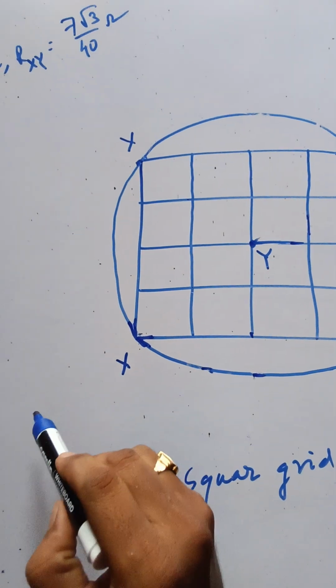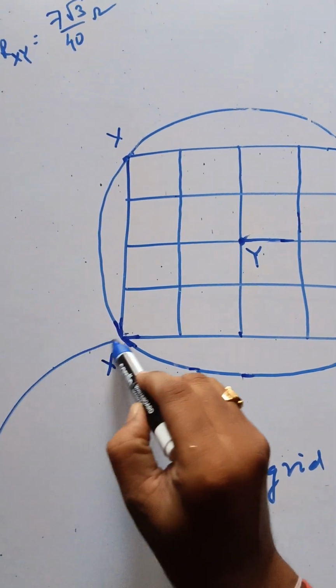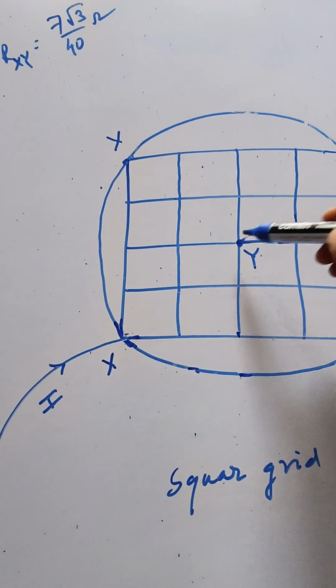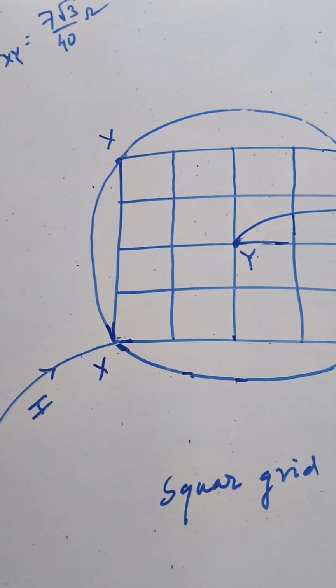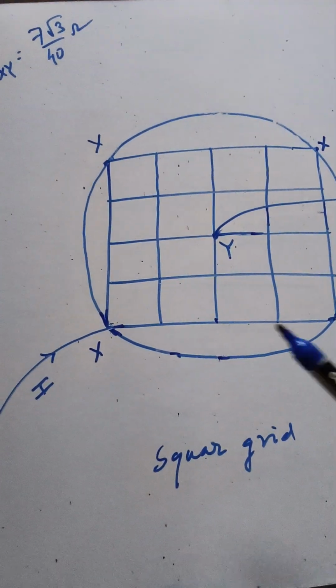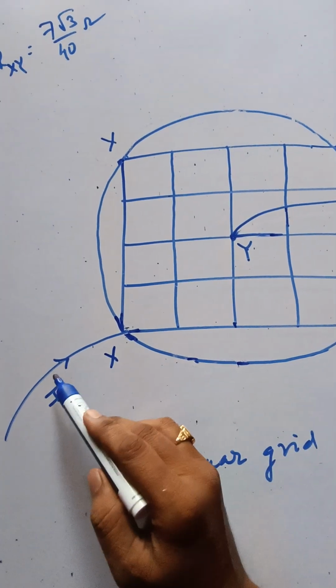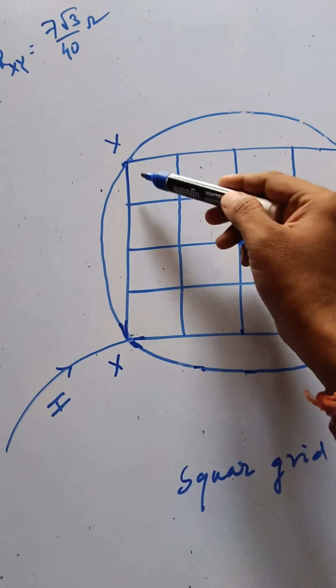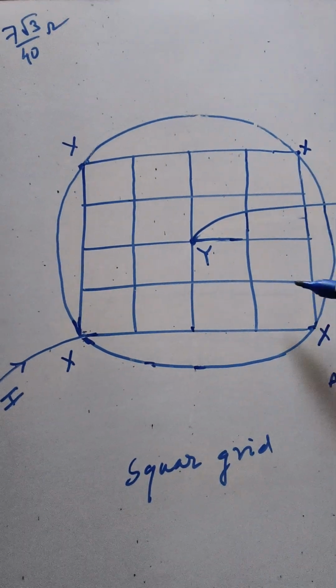Now take a battery and send current through the point X. Let the current be I, and it is leaving through the point Y. Now as current enters this point, it divides into two parts, and again into two parts.